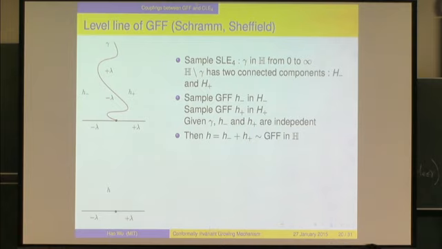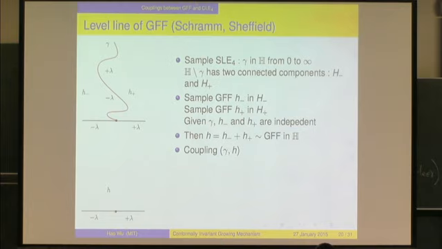The claim here is that the sum of the two Gaussian free fields has the same law as a Gaussian free field in the upper half plane, and the boundary value is the same as in the bottom picture here. In this procedure, we first draw the curve and then sample a Gaussian free field depending on the information of this curve.